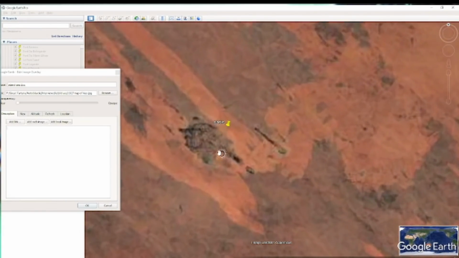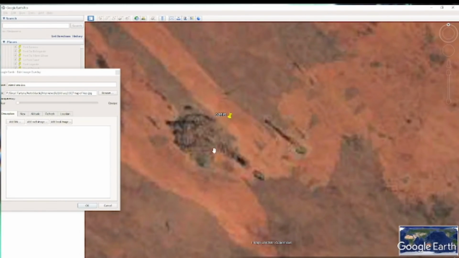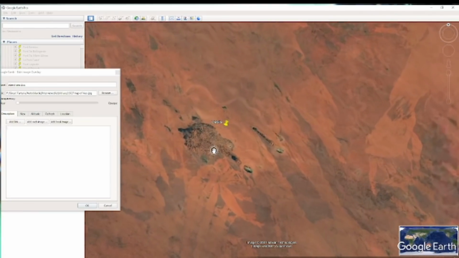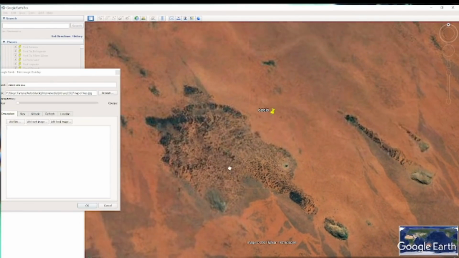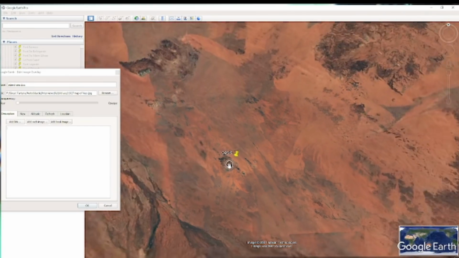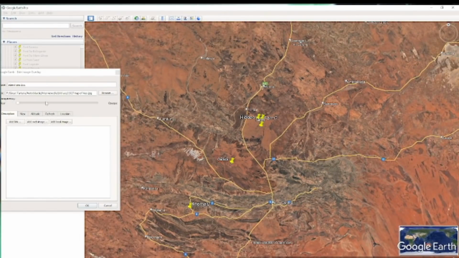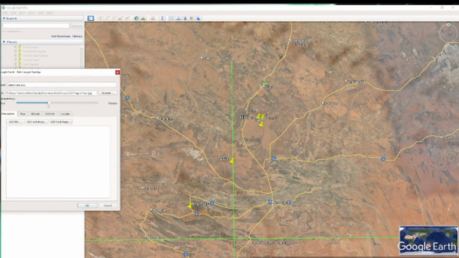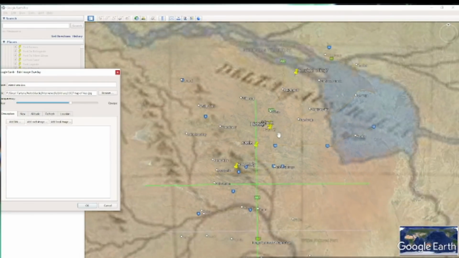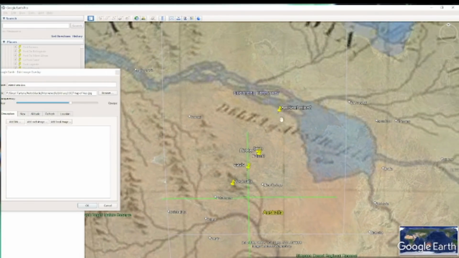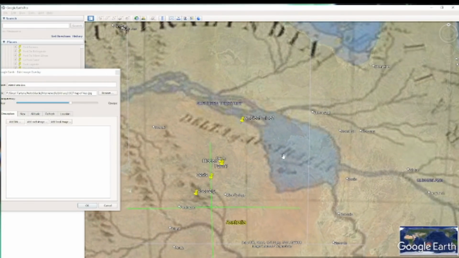I don't know what they are. Little spots, and they all happen to be around the edge of that. Oh, okay, there's a little hill there. They all seem to be around the edge of the ocean, the sea.